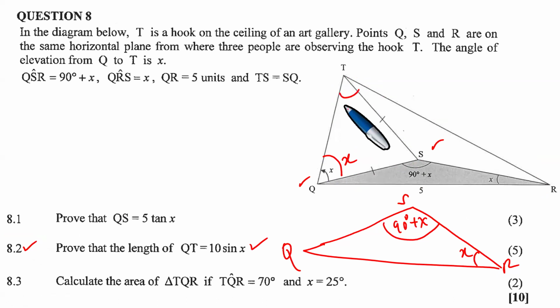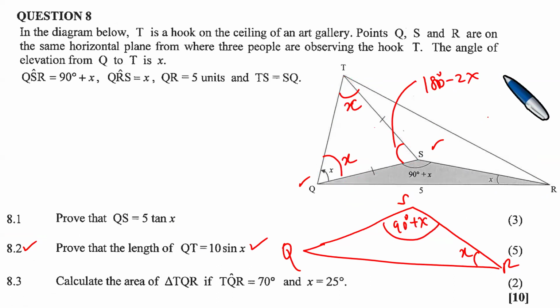X here, this one is also what? It's also X. So in the end, you can find this angle here. And this angle here is 180 degrees minus 2x, because this is x and x. Because this side is equal to this one, it means this angle is equal to this.